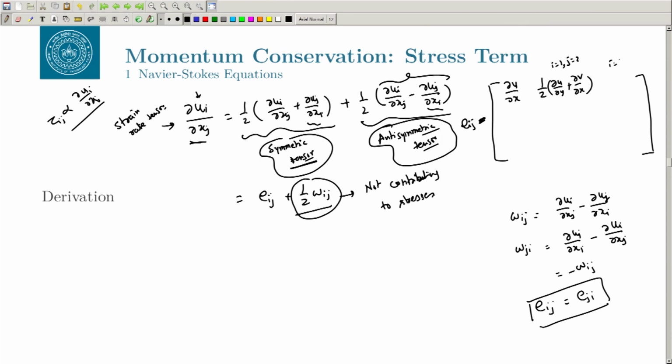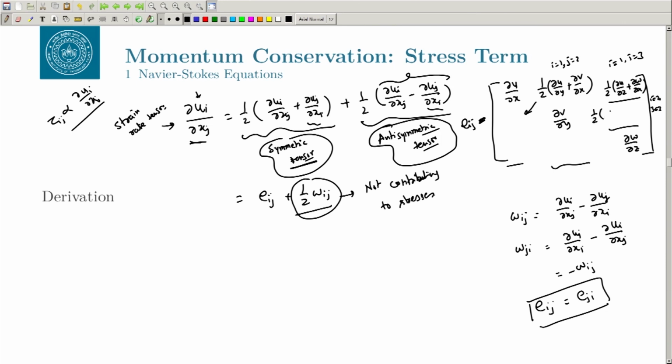Then i equal to 1 and j equal to 3 will be half del u by del z plus del w by del x, and similarly you can write the entire symmetric tensor. This will be del v by del y, this will be del w by del z, this quantity will be similar to this, and you will have some more quantities here. This will be similar to this, and then you have the quantity for i equal to 2 and j equal to 3, right.